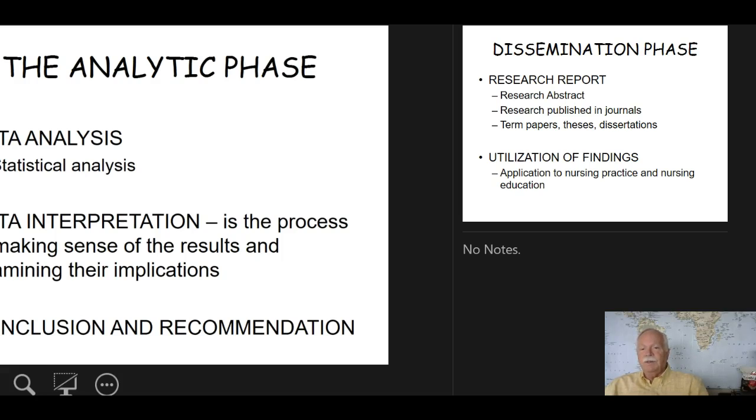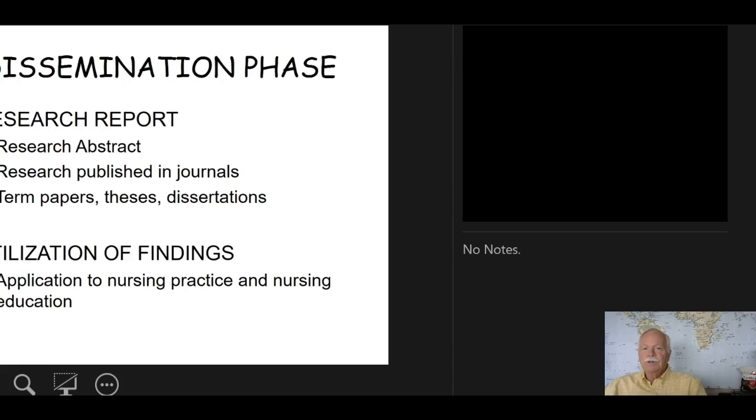In many places the analysis then follows with the results, which are kind of combined, and then you have the discussion phase of the publication where you then have the interpretation of the data, and then of course your conclusions and recommendations. You would also have your limitations that would be mentioned in this particular area as well.